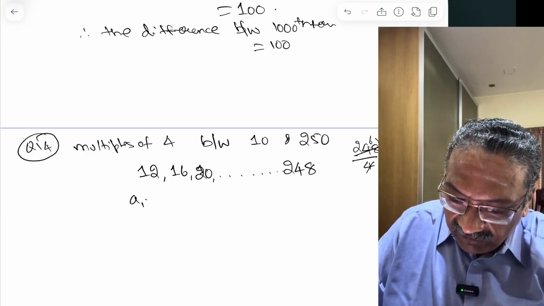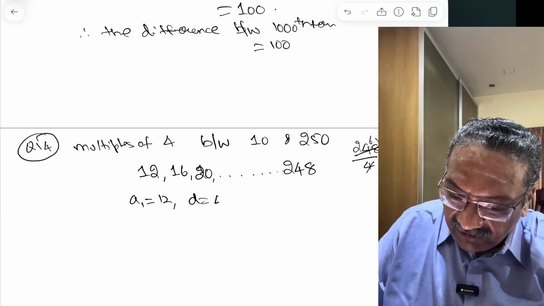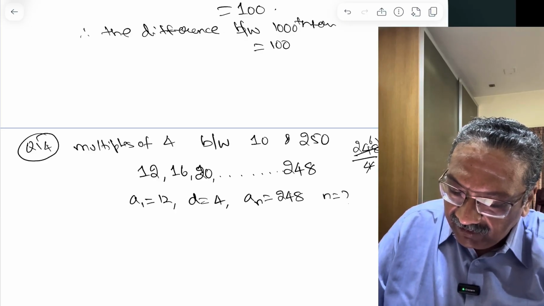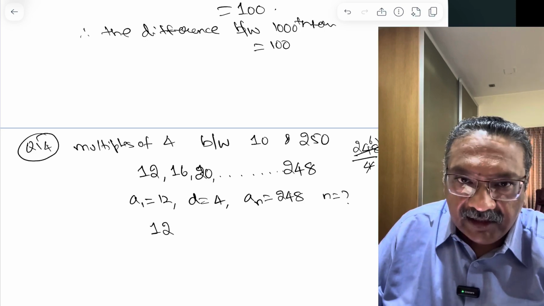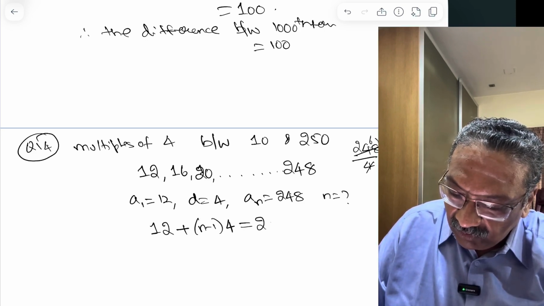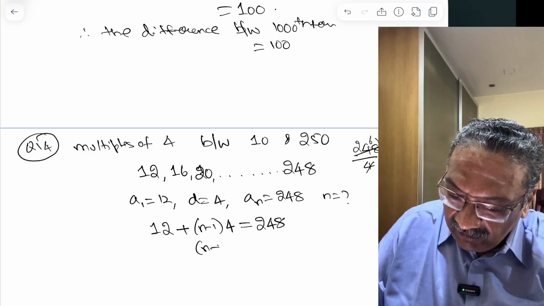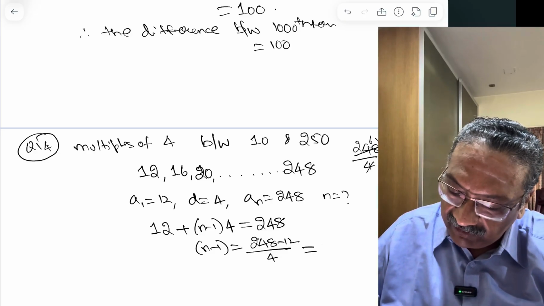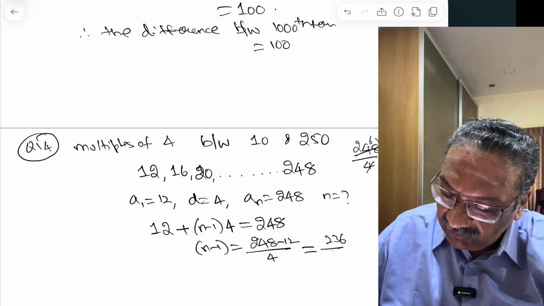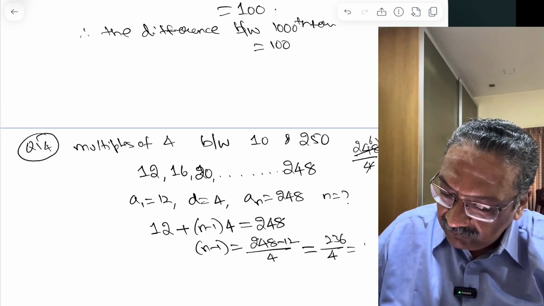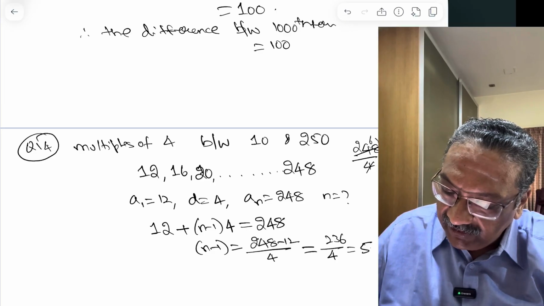Similarly, we have A1 equal to 12, common difference 4, AN equal to 248, and we have to find N. So I will directly write 12 plus (N minus 1) into 4 is equal to 248. N minus 1 is equal to (248 minus 12) divided by 4, which is 236 by 4. 4 5s are 20, 4 9s are 36.